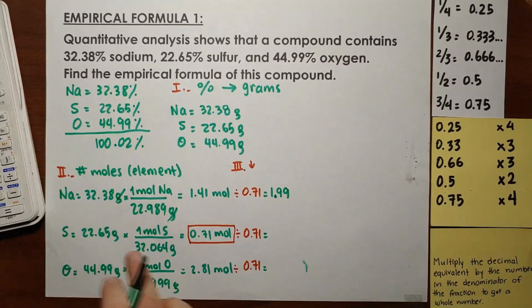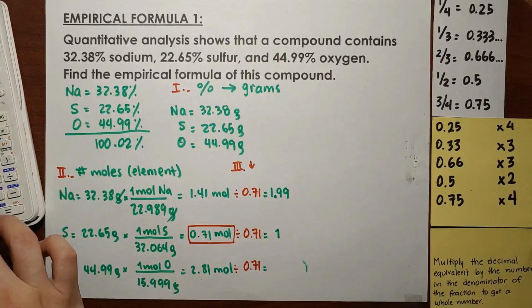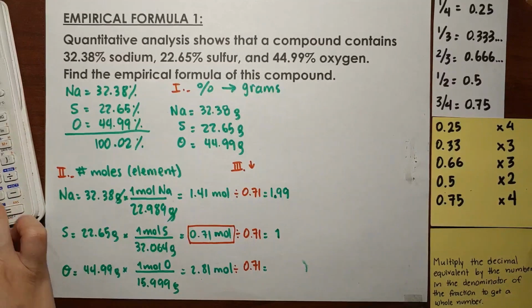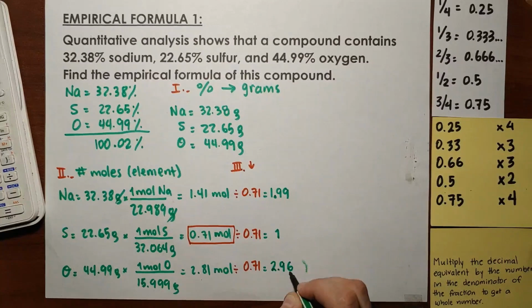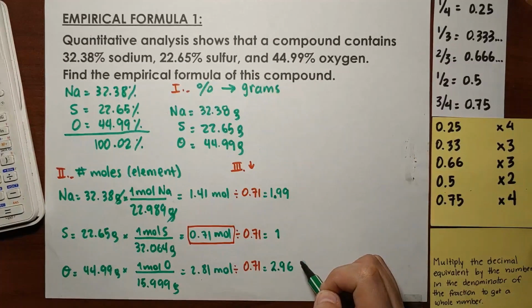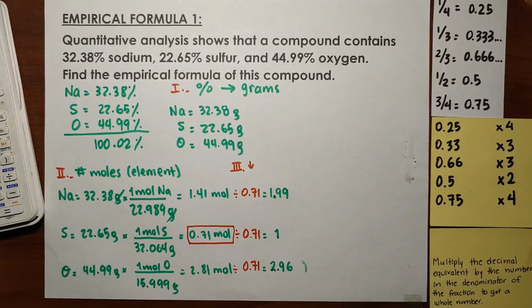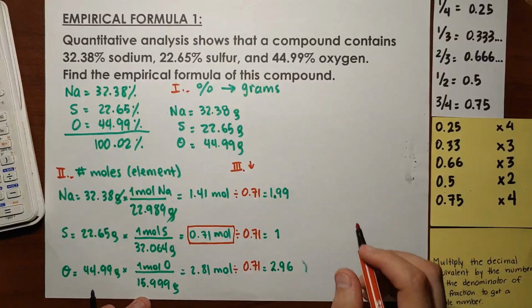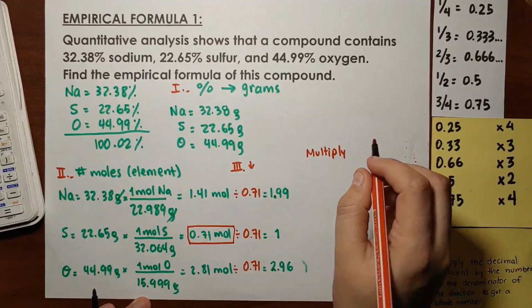Okay, 0.71 divided by 0.71 is going to give me 1. And 2.81 divided by 0.71 gives me 2.96. Now, these numbers, 1.99 and 2.96, are really close to whole numbers. So right now what you do is you round or multiply by a multiplication factor.